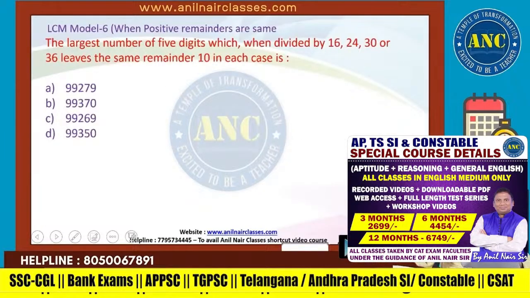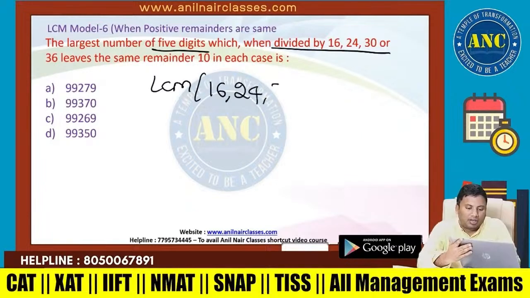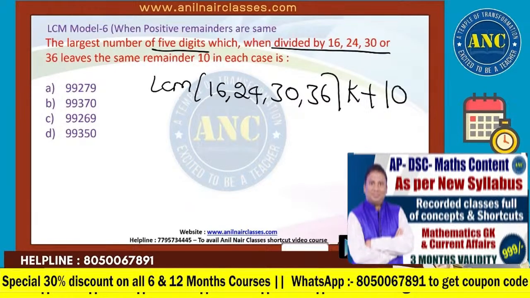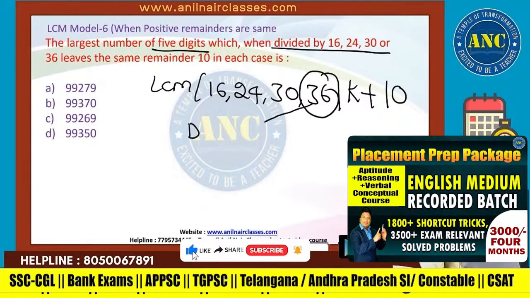The largest number of 5 digits which, when divided by LCM of 16, 24, 30, 36, gives a remainder 10. Now see here, 36's digital sum is 9.